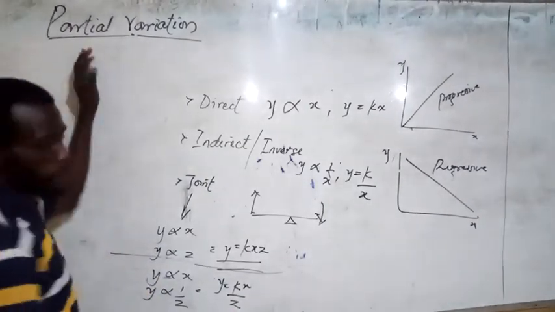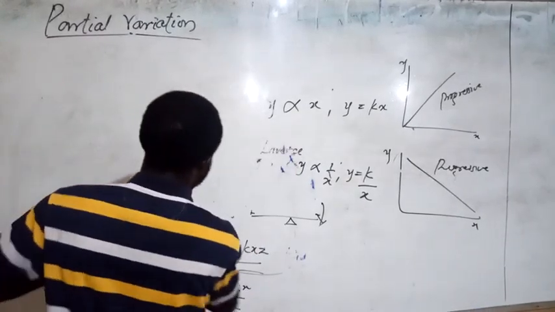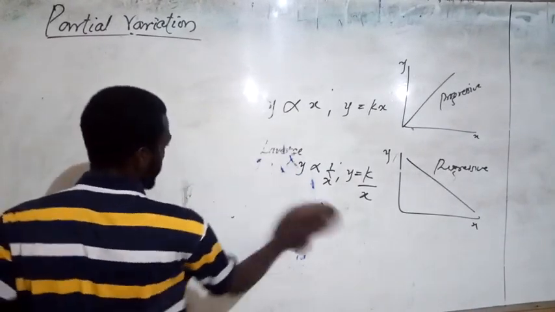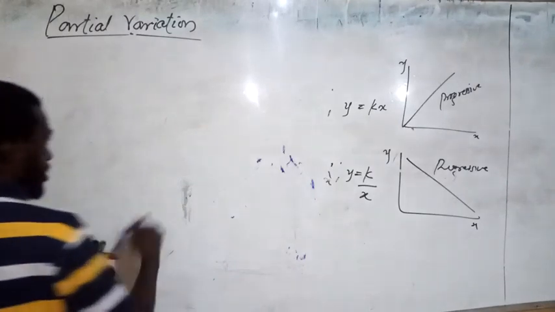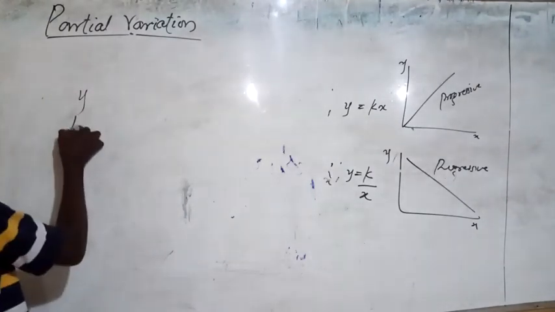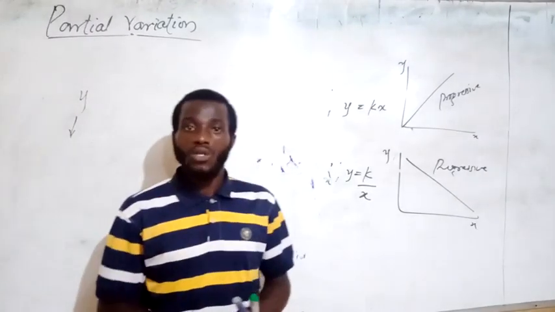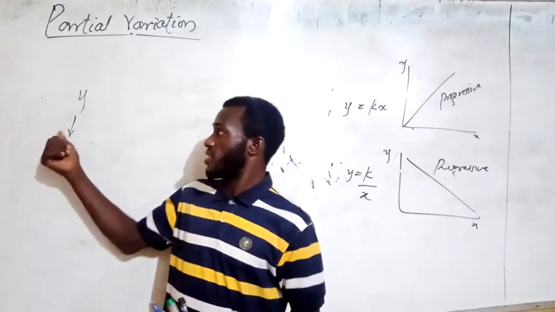Alright, but let's come to the partial variation now. In partial variation, let's still use variable y, which is the dependent variable, is not totally dependent on either of the two. We usually use two other variables aside the dependent variable.